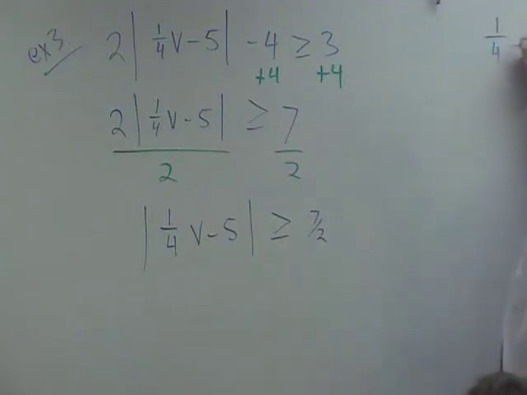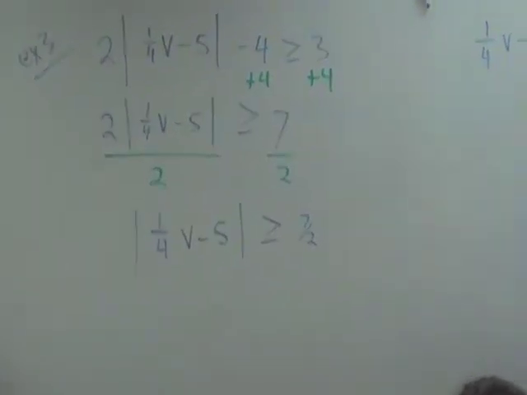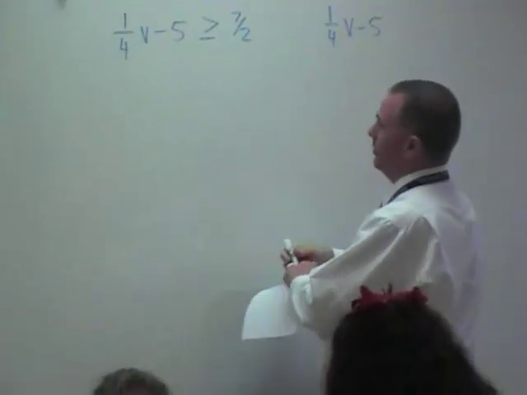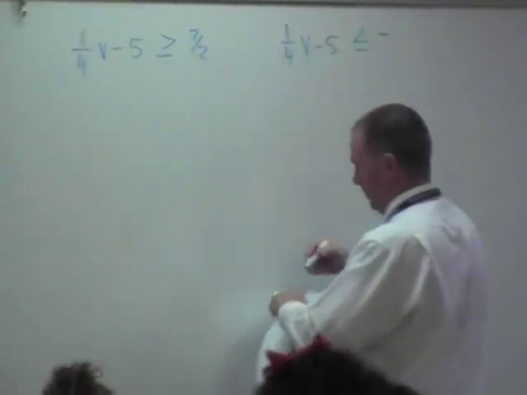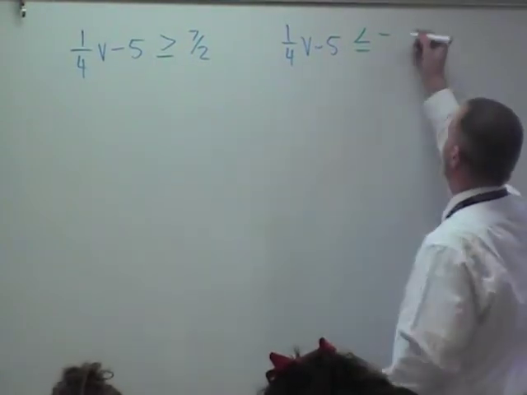So when I split them, the absolute value goes away. The very first one is the same inequality. The second one is less than or equal to negative 7/2.